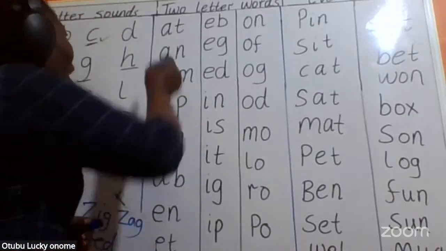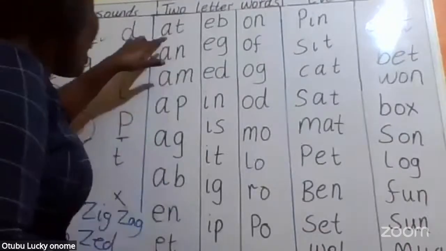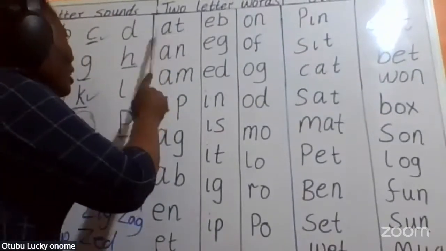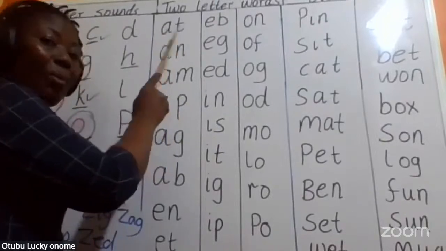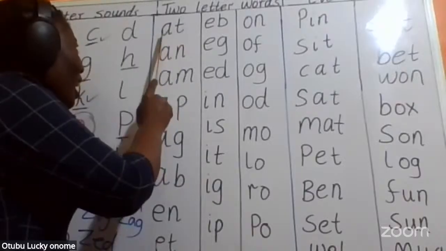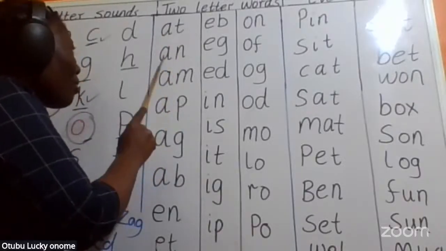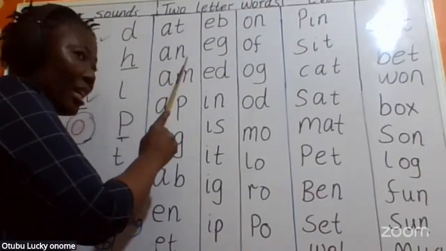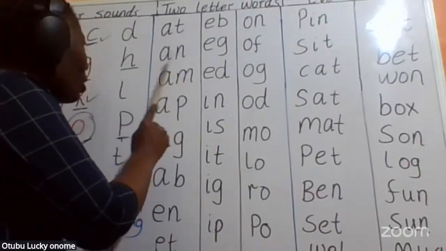So we have a and r together, which give us art. We have a and n, which give us an.